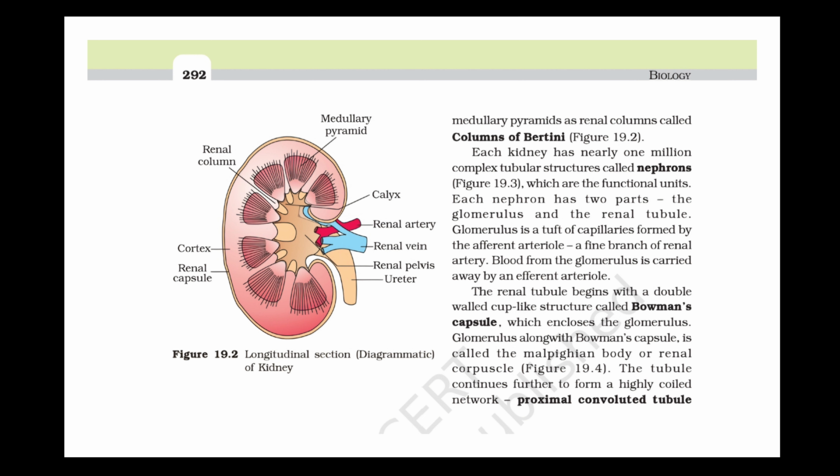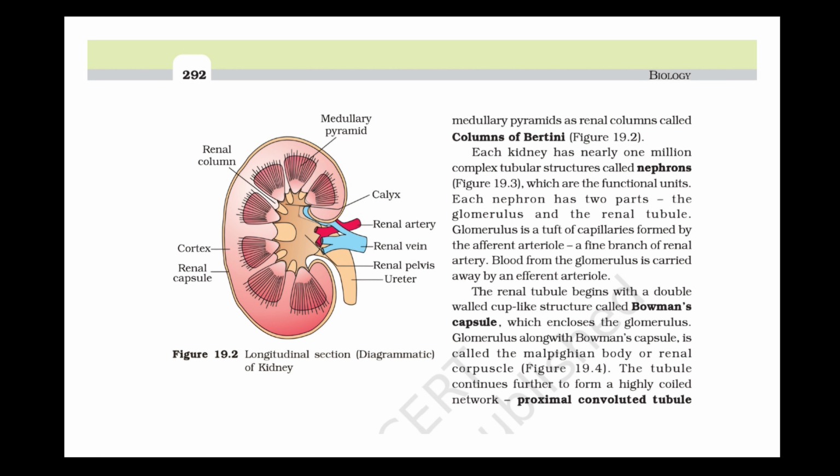Blood from the glomerulus is carried away by the efferent arteriole. The renal tubule begins with a double-walled, cup-like structure called the Bowman's capsule, which encloses the glomerulus. The glomerulus, along with Bowman's capsule, is called the Malpighian body or renal corpuscle, referred to in Figure 16.4.